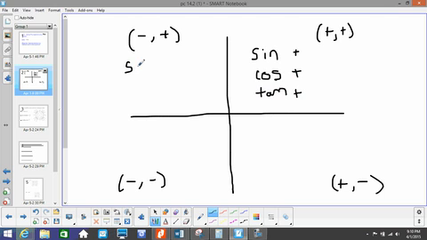Same thing here. If I did sine, cosine, tangent, my sine is positive, my cosine is negative, my tangent is going to be negative.